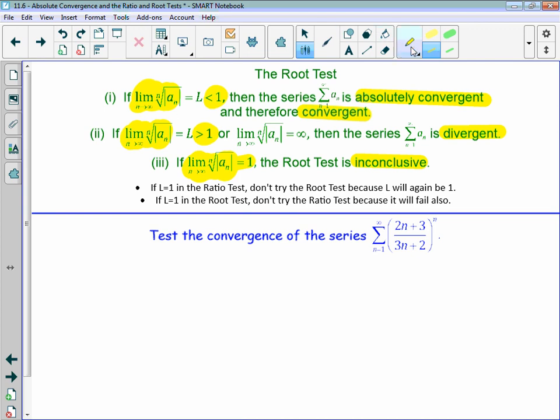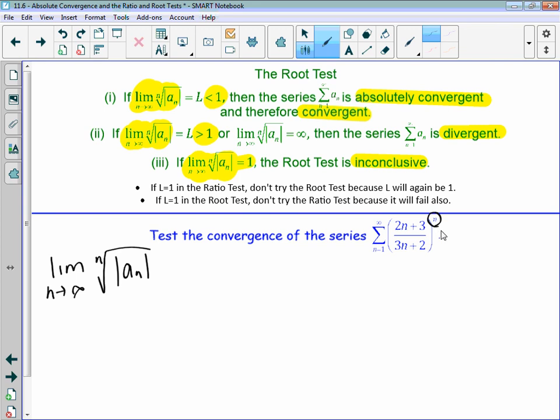The nice thing with this is as long as you remember the very start here, so we're going to take the limit as n goes to infinity of the nth root of the absolute value of a sub n. As long as you remember that part, you're good. You're going to use the ratio test a lot. The root test doesn't get used a ton, but you definitely want to know it.